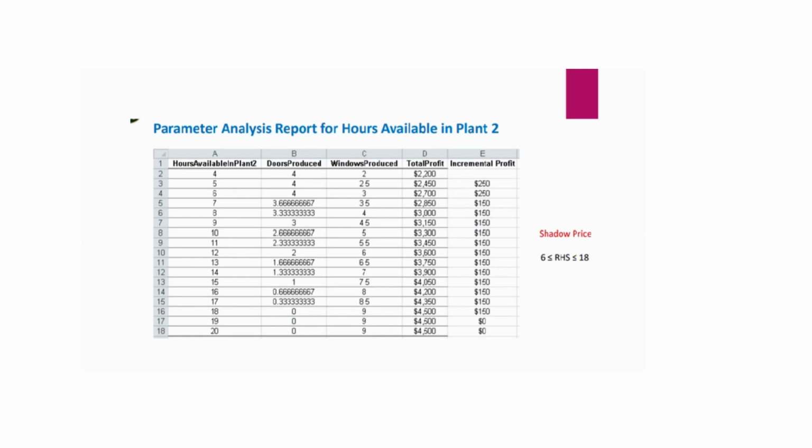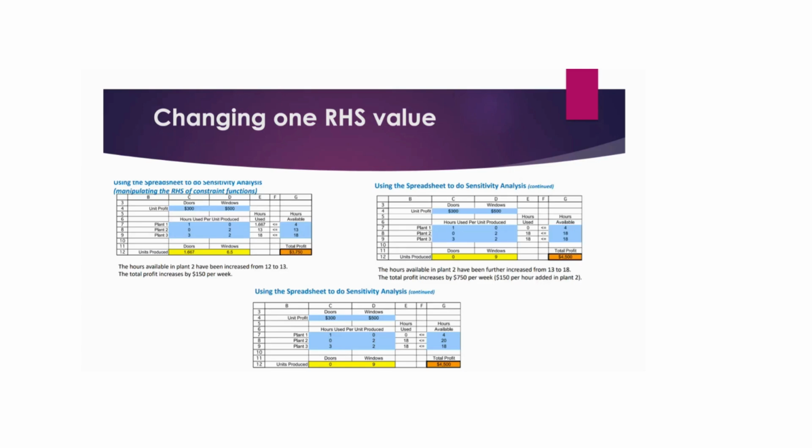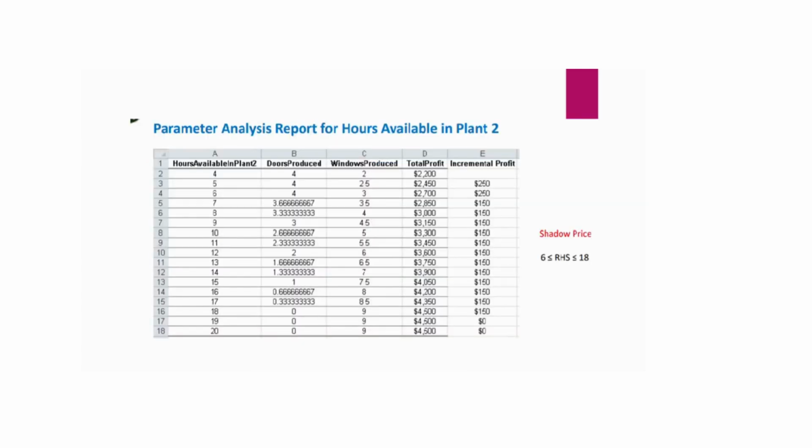So here we have the parameter analysis report for the hours available in Plant 2. And it's that specific number of hours that were being changed. So on column A, we see the different hours available in Plant 2. The Plant 2's original hours were 12 on the spreadsheet.